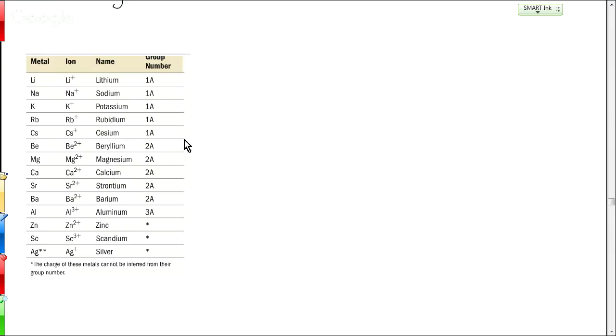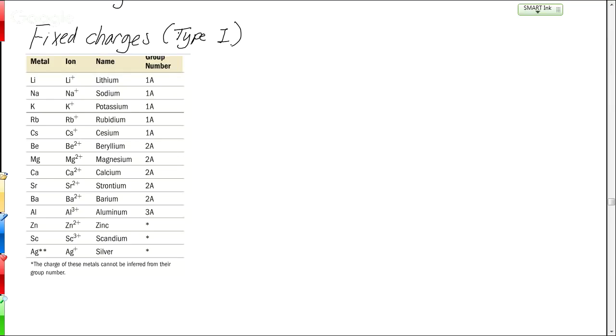I missed the heading, so we'll make our own heading here. All right, so here are the ions with fixed charges, type 1.